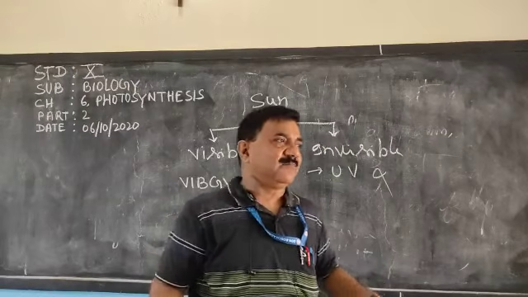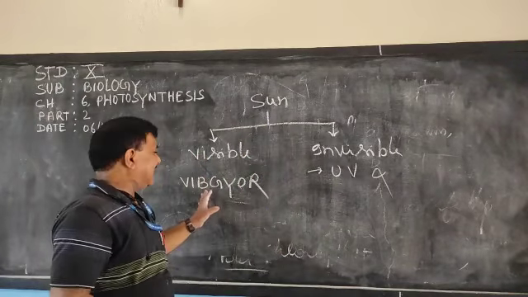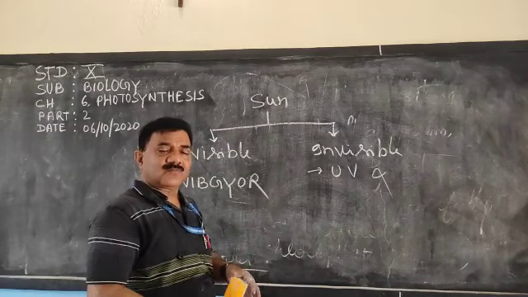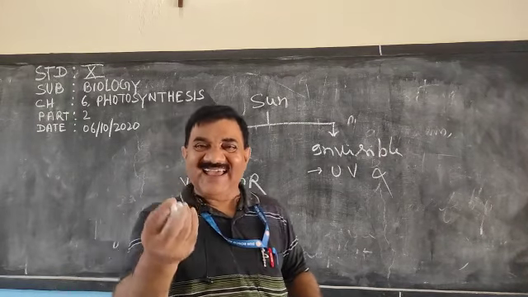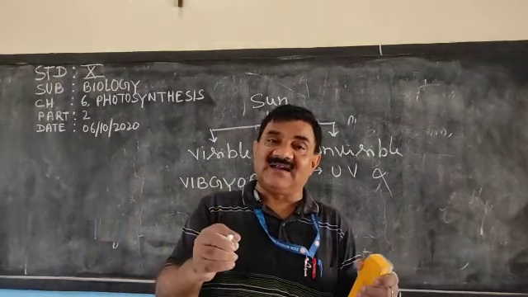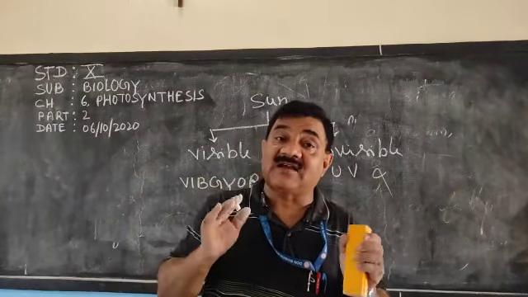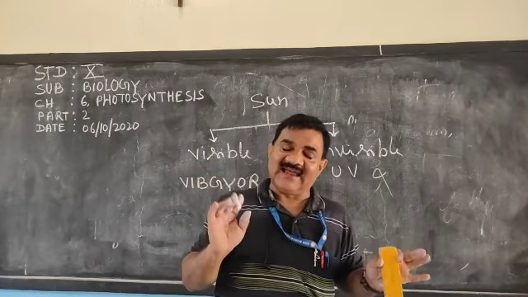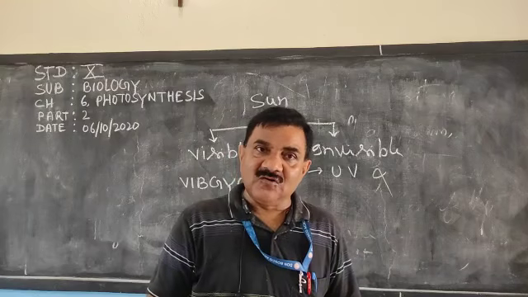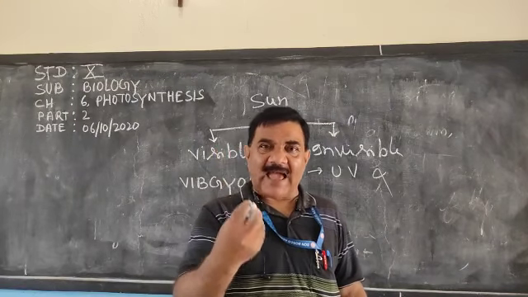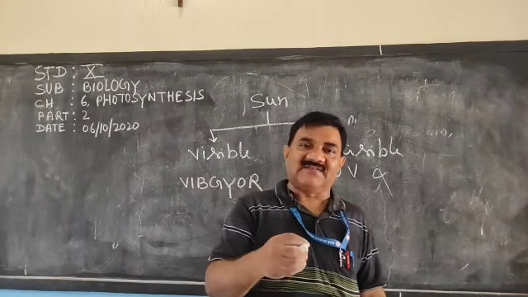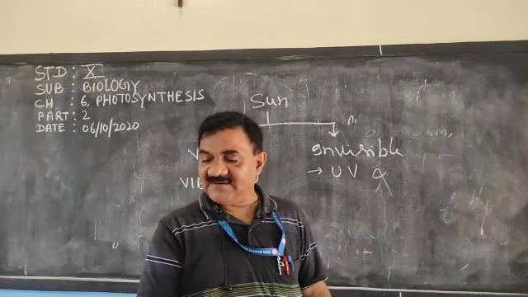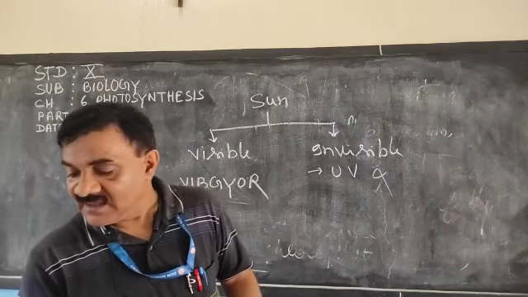White light is made up of 7 colors, and if any color is visible, it means the other colors are absorbed and that color is reflected. So chlorophyll appears green because other colors are absorbed and green color is reflected. That part is clear.